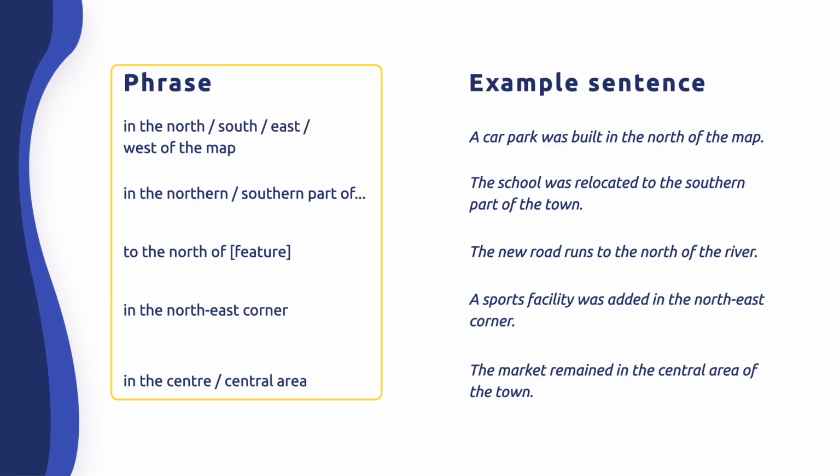And then lastly, you also might need to describe the location in the centre. That's easy. In the centre or in the central area. For example, the market remained in the central area of the town. Just one point here with the preposition in.